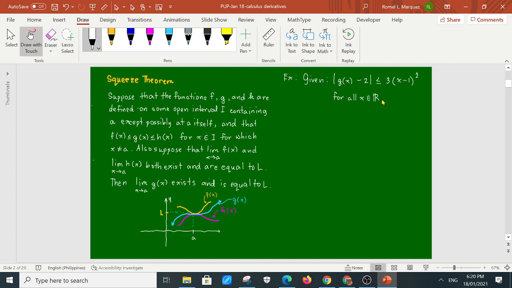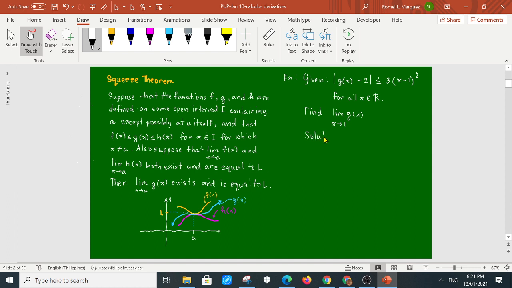Okay? Now, find the limit of g of x. What is the limit of g of x as x approaches, let's say, 1? I want x to approach 1. And what is the limit of g of x, with this information?